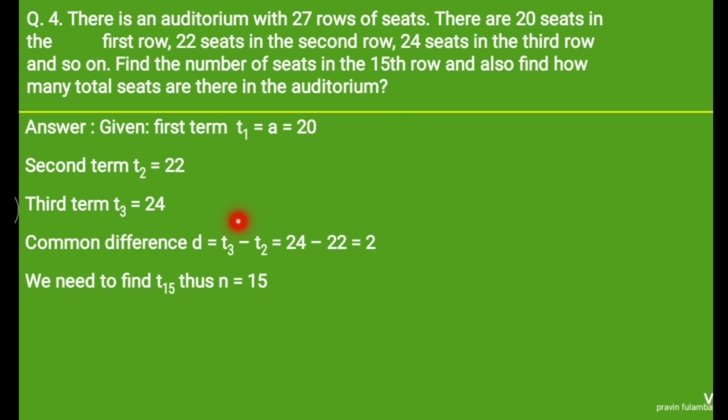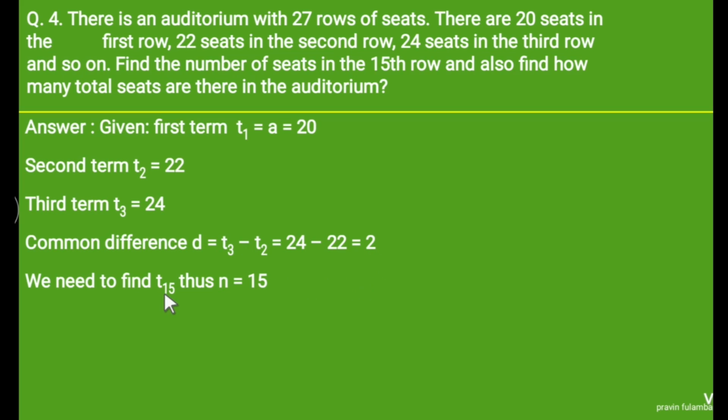Third term is T3, because in the third row there are 24 seats. So we write T1 as 20, T2 as 22, T3 as 24. Now we calculate the common difference. So we write formula D equals T3 minus T2. So we write here T3 as 24, T2 as 22. So 24 minus 22 we get 2.